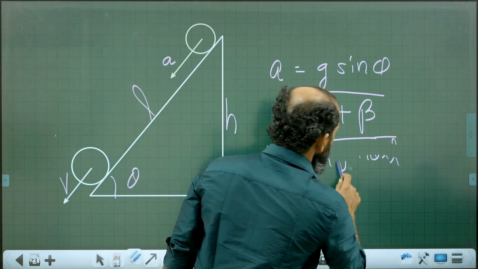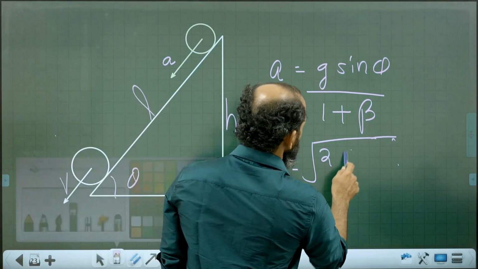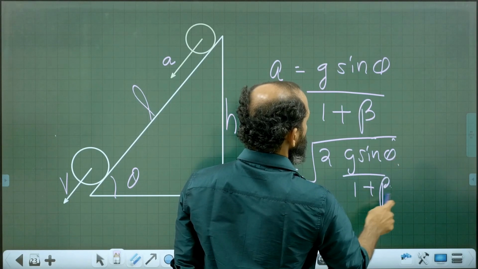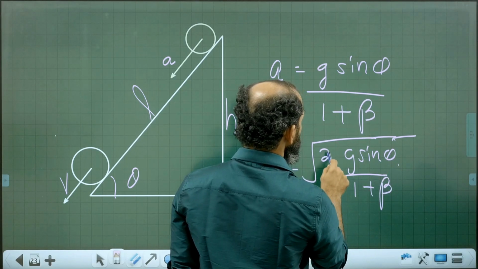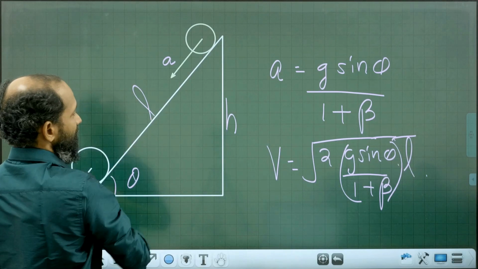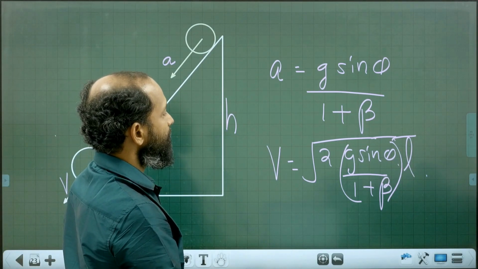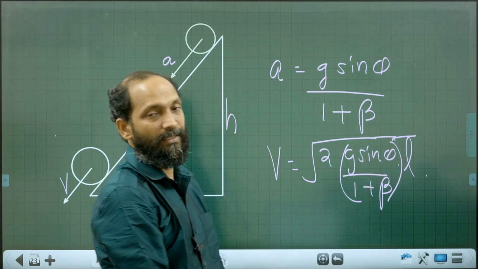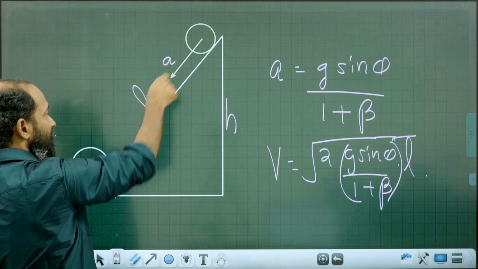What should it be? Root of 2 into A, where A is g sin theta by (1 + beta), into that distance, S, which means L. So root of 2 g sin theta by (1 + beta) into L, that is root of 2AL, where A is the acceleration down the inclined plane and L is the length of the inclined plane.